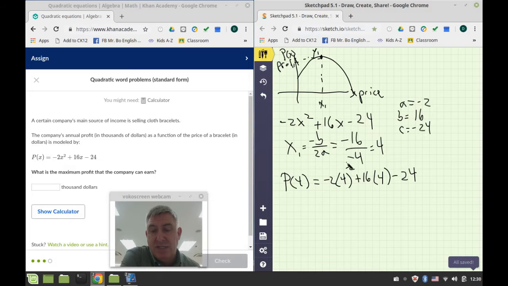And then this is 16, negative 32 plus 64 minus 24, minus 56. So we're going to have 8 left, $8,000. So max 8,000 is the maximum profit.